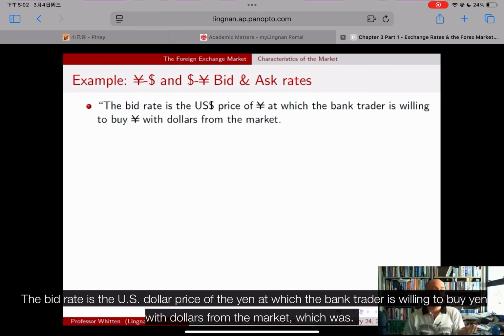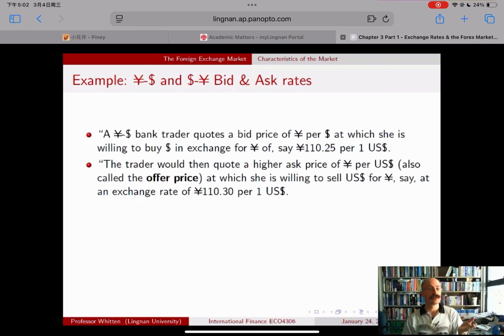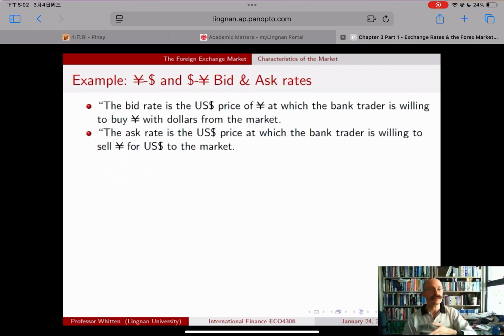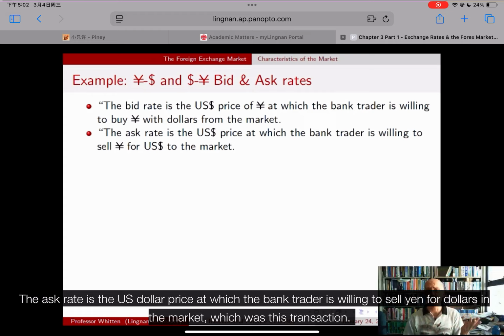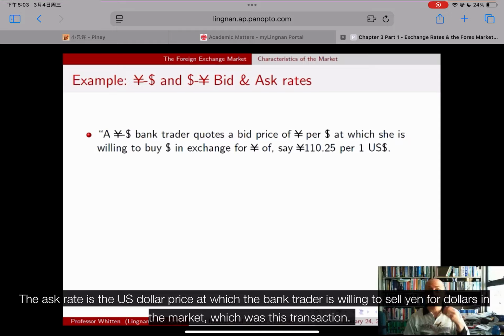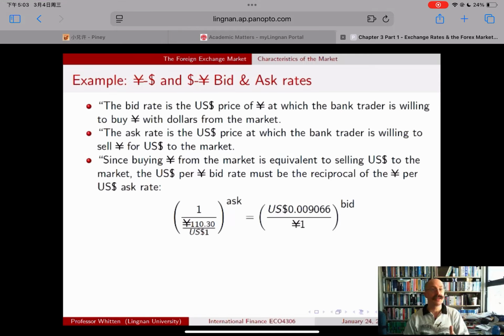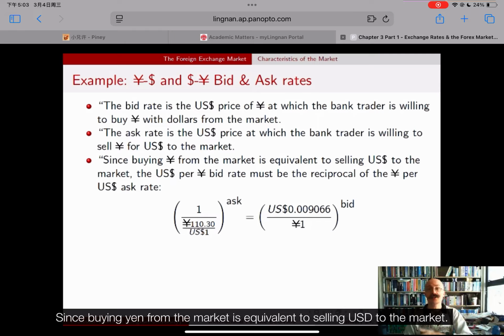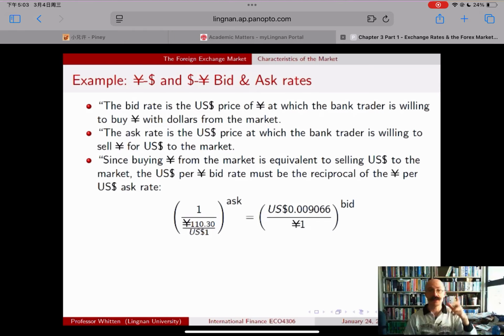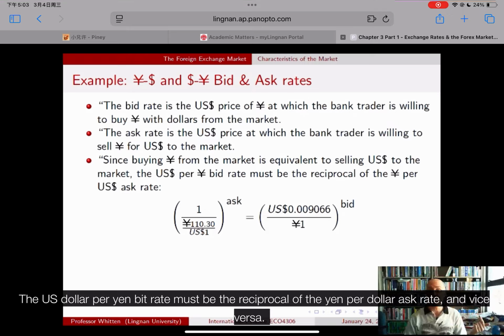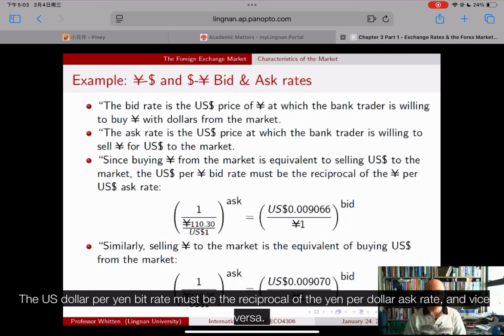The bid rate is the US dollar price of the yen at which the bank trader is willing to buy yen with dollars from the market, which was this transaction. The ask rate is the US dollar price at which the bank trader is willing to sell yen for dollars into the market, which was this transaction. Since buying yen from the market is equivalent to selling USD to the market, the US dollar per yen bid rate must be the reciprocal of the yen per dollar ask rate, and vice versa.